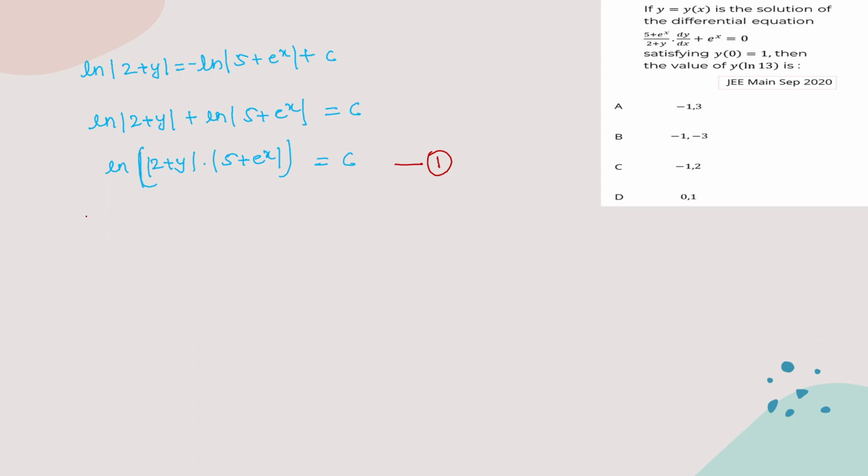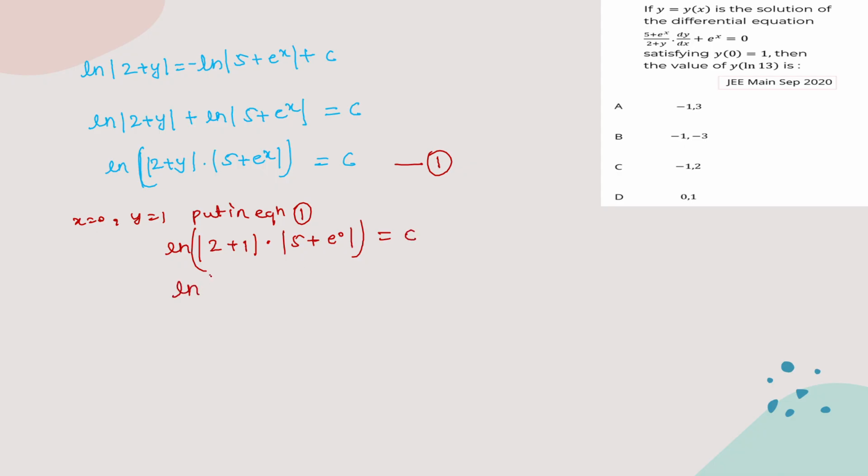What are the values given? At x is equal to 0, y is equal to 1. Put in equation 1. So ln of mod 2 plus 1, into 5 plus e to the power 0, which will also become 1, is equal to c.